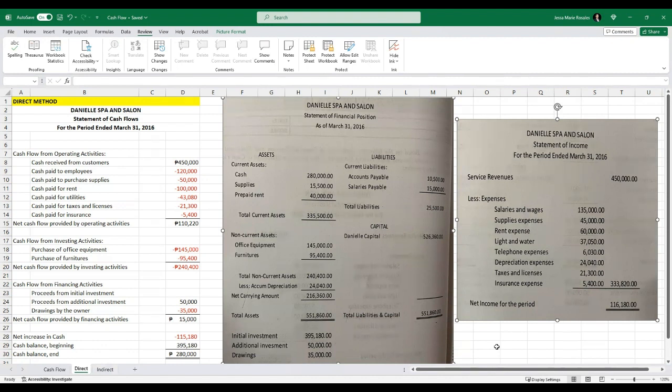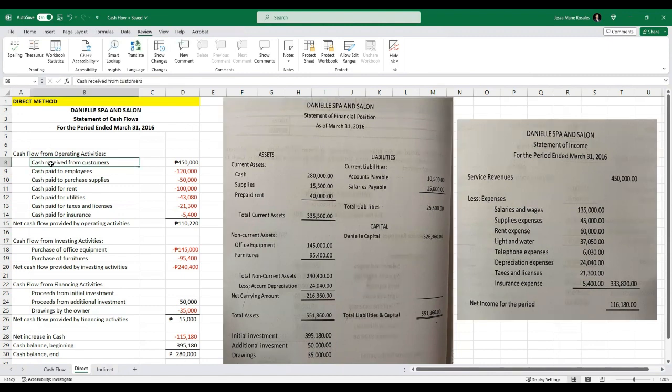Since wala lain na information na gihatag, I assumed to answer this problem na there are zero balances in the beginning of the period. And also, wala gisulti kung kanus-a nag-start ang period. Is it January 1? Is this a quarterly report? Or is this for the whole year, from April 1, 2016 to March 31, 2016? So, wala may gihatag na information, so I just assumed na zero ang balances in the beginning of the period.